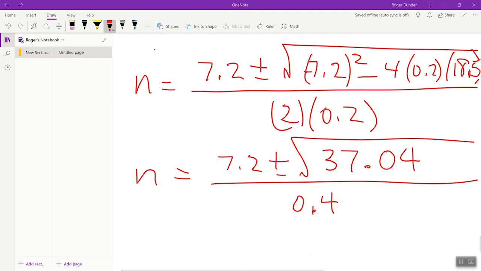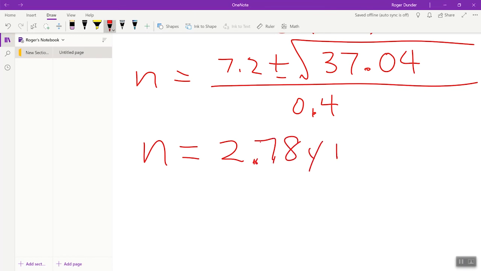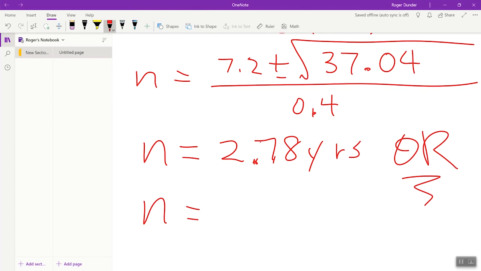And now we have to go ahead and do the calculation to give the two possibilities for n. So after calculating the value of n, we see that we have two possibilities. Number one, n is equal to 2.78 years, or n is equal to 33.22 years.